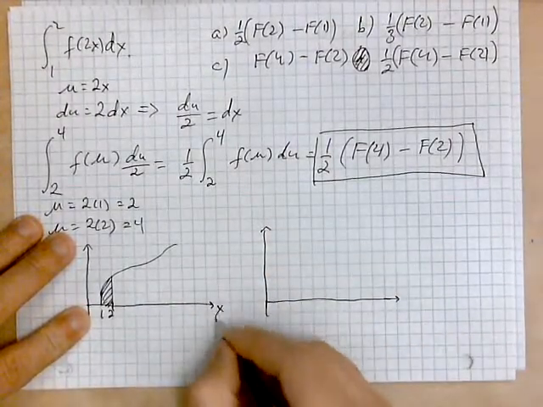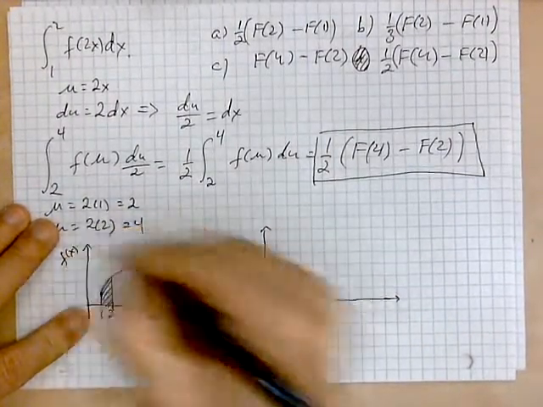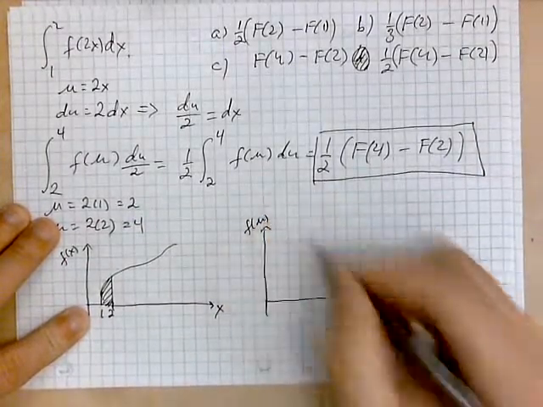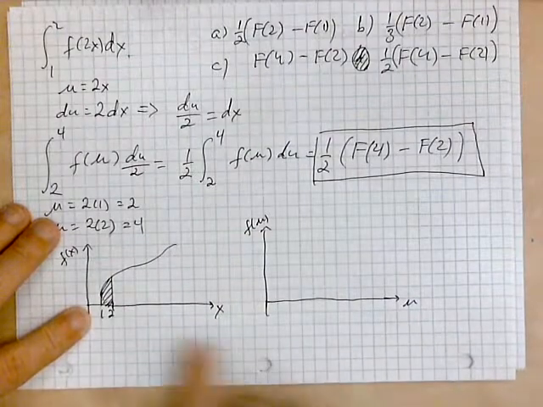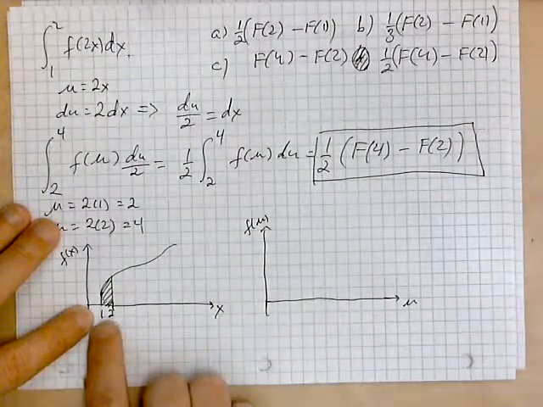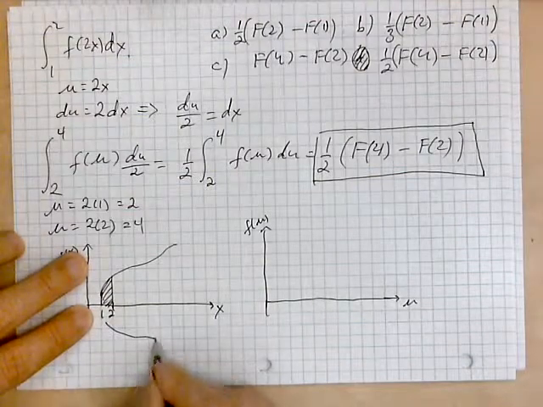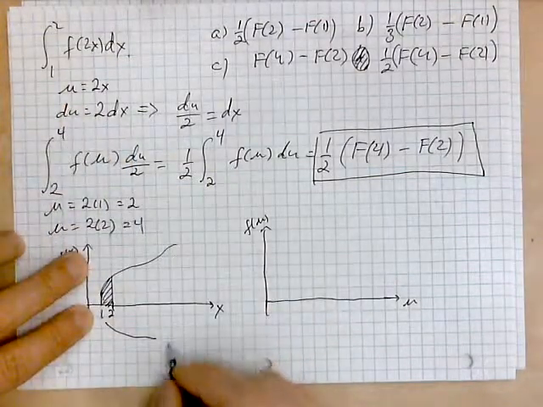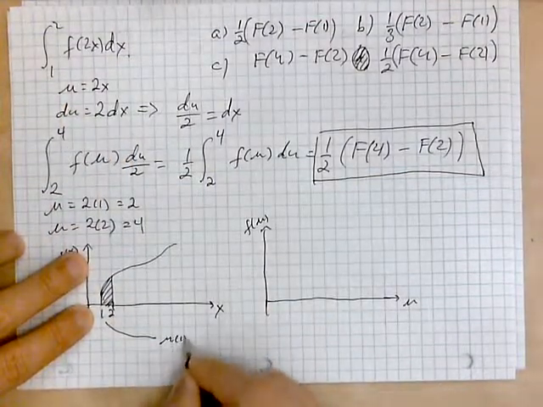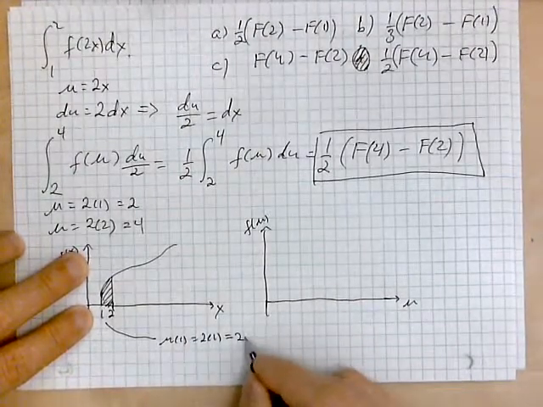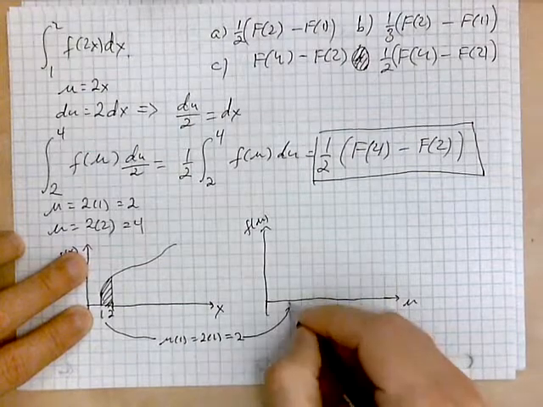So this is the x-axis, and this is f of x. This is the u-axis, and this is now f of u. So you have two different variables. You have to switch the limits accordingly. So that 1 is transformed. You feed it into u. So u of 1 equals 2 times 1, which is 2. So you transform that into 2 on the u-axis.